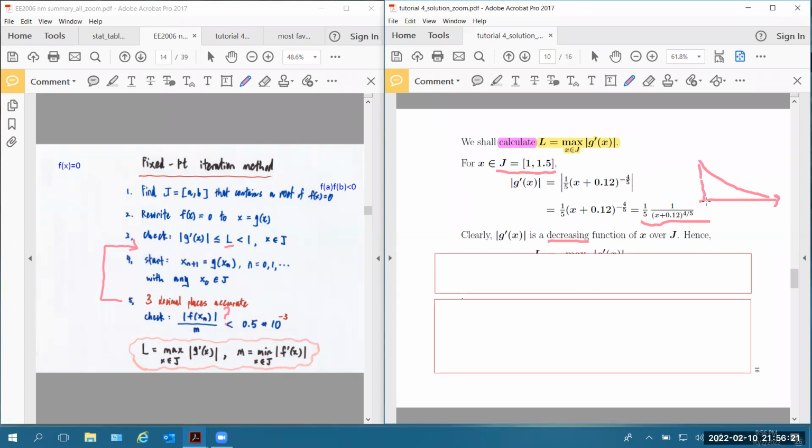And this is the smallest x here, and the smallest x here is 1. So that's why the maximum is when we substitute x equal to 1, and that gives us this value. Is it okay? So you see we get the L already.